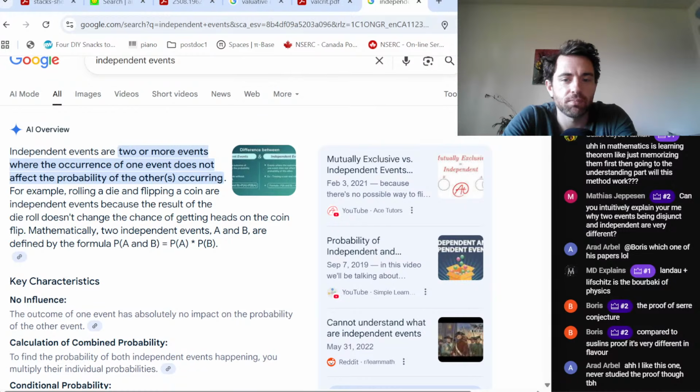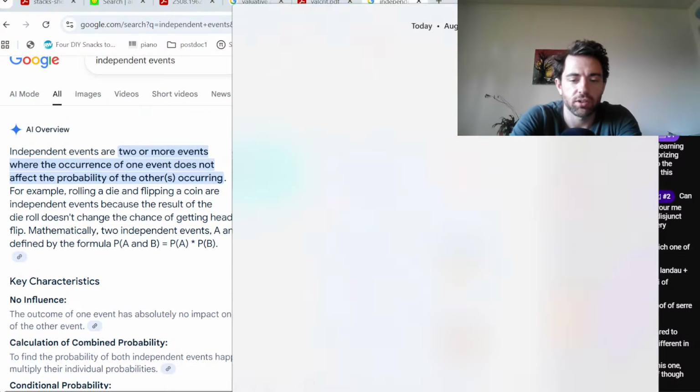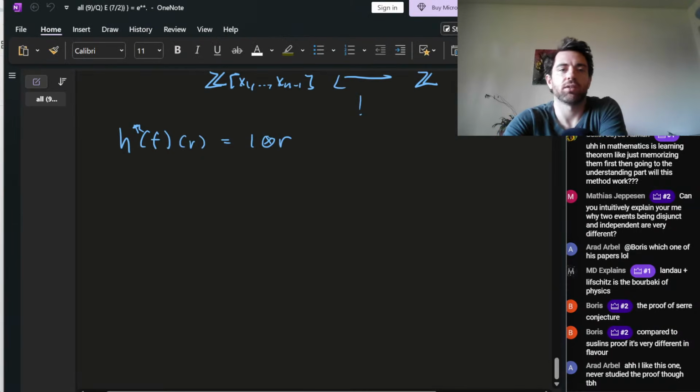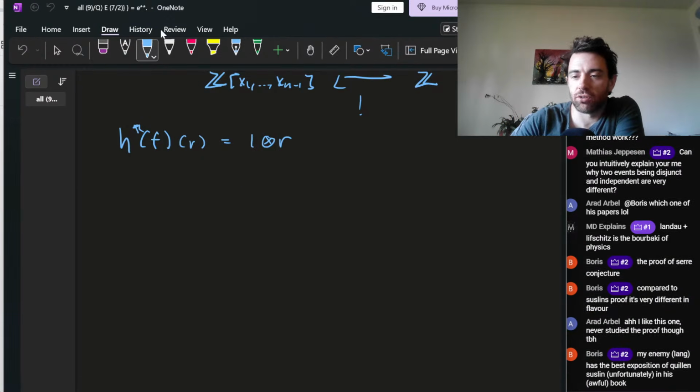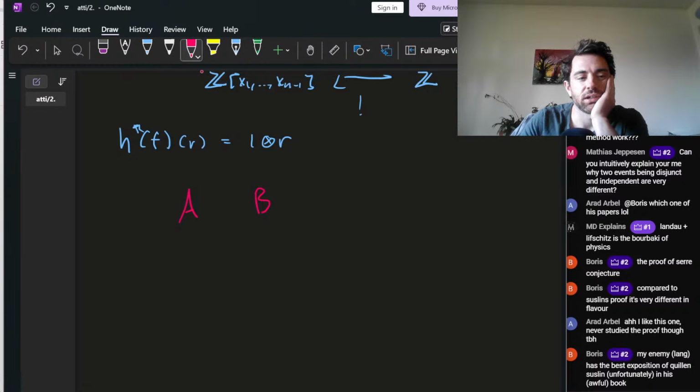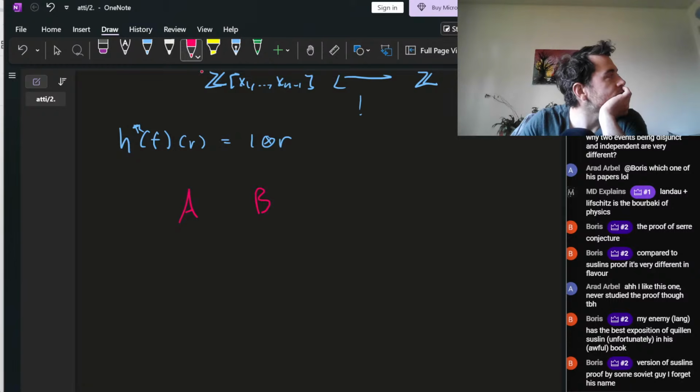Well, disjunct, it seems, would be something like, say you roll two dice, right? So A is the outcome of the first die and B is the outcome of the second die. Actually, is this a good way to phrase it? Then the probability of the intersection doesn't make sense.